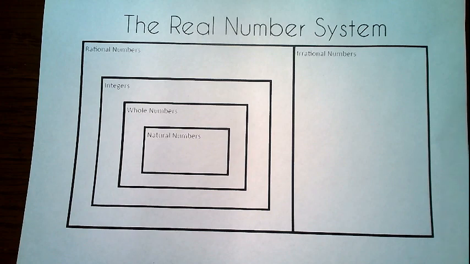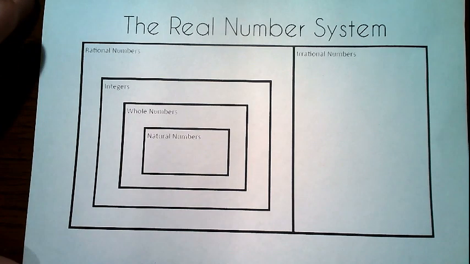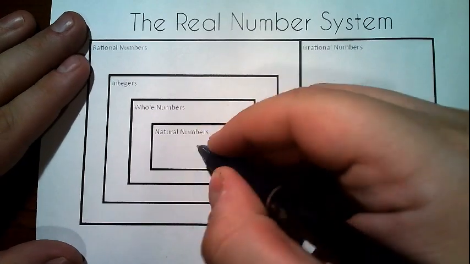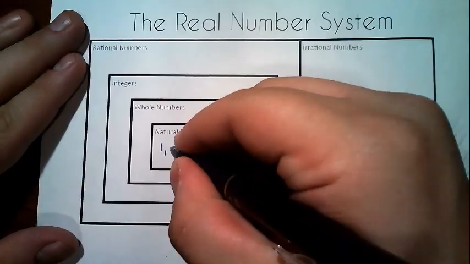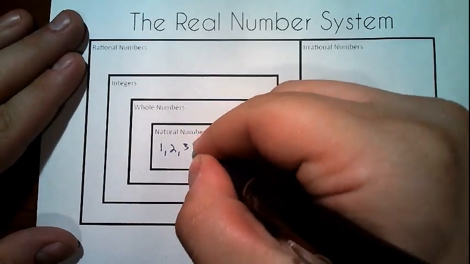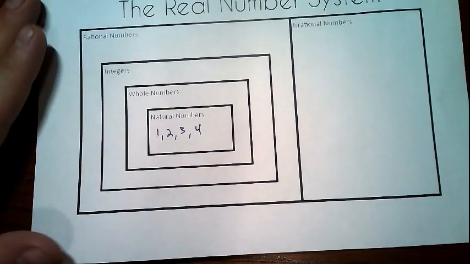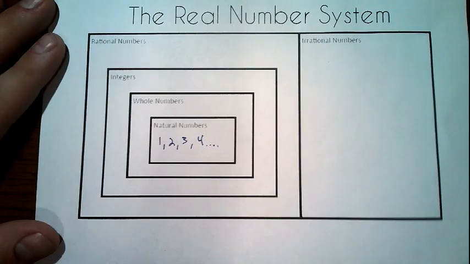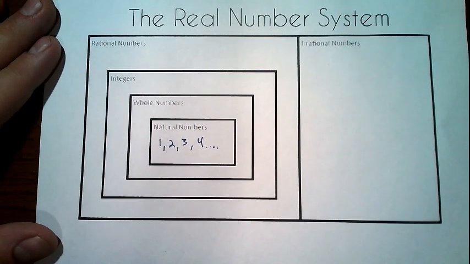Am I going to trade this one sheep for these two chickens? You know, that kind of stuff. So the natural numbers are also called counting numbers because that's what we use to count. So, for example, 1, 2, 3, 4. Right? Those are all natural numbers. 5, 6, 7, 8.